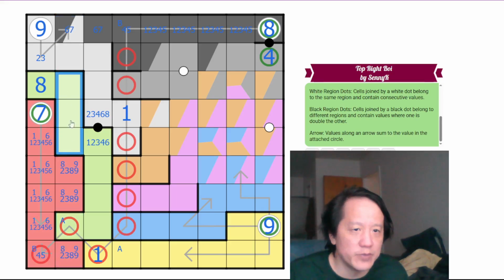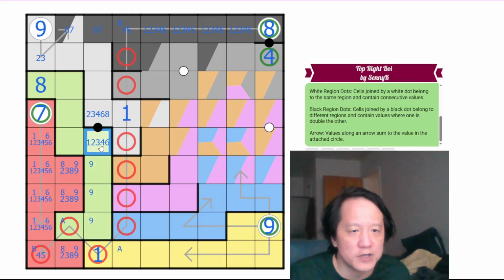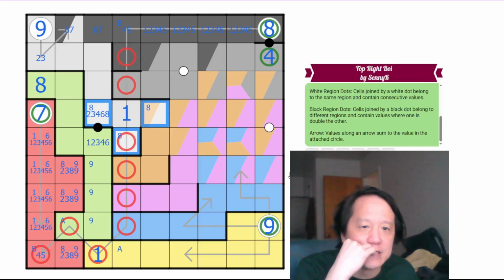That means these can't be 8 or 9. So we need a 9 here in column 3. 8 is already here for the green. But there's no other place for 9 in the green region except for here in column 3. That means this can't be 9. This can't be 8. So 8 has to be one of these 3 here for the light region.